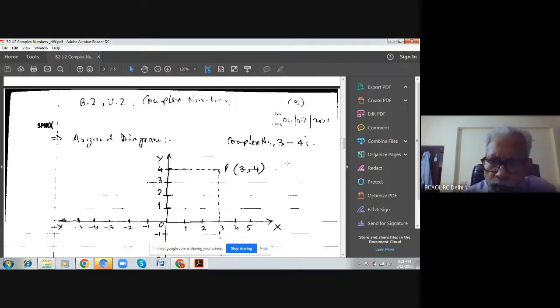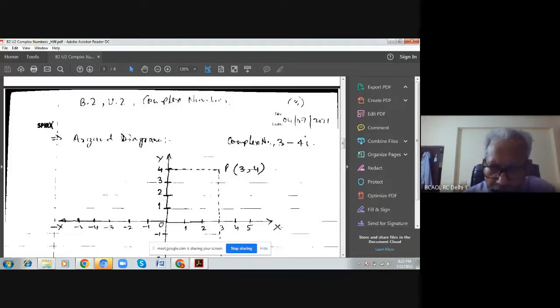Suppose 3 minus 4i is given, the complex number is given. So if I plot it, this is the x-axis, this is the x portion, and there is a y. In this diagram, this is the x line and there is the y line.